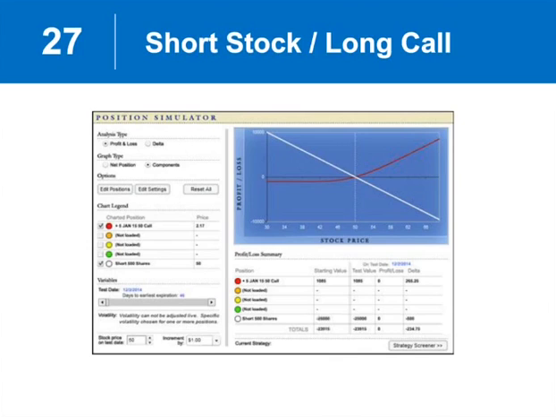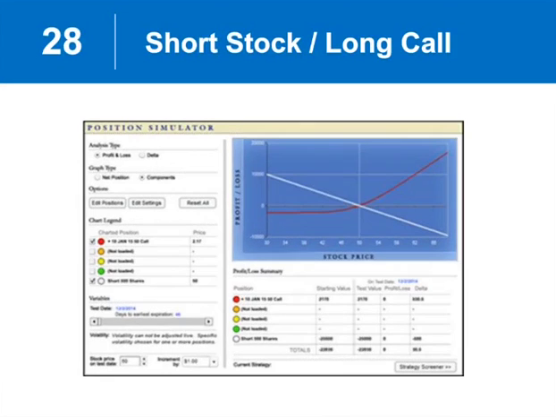And, from a numbers standpoint, here we're 500 shares short versus 5 long calls. On our next slide, we're basically still short that 500 shares, but long now 10 calls. And again, this is a bigger commitment, obviously, from a delta perspective, as well as a debit and investment perspective.